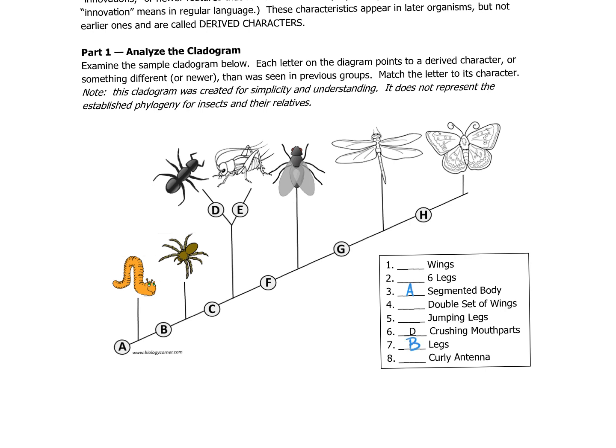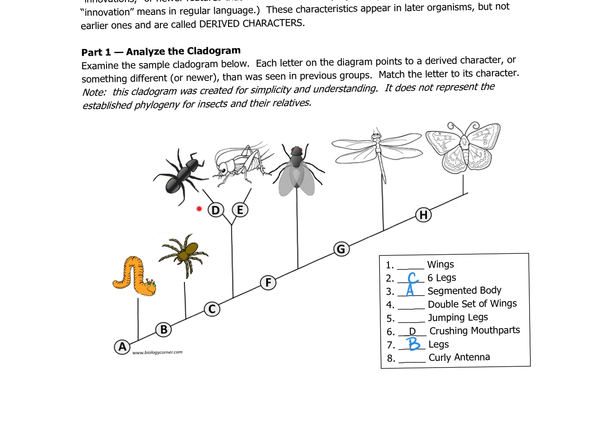So number 7 is B. Now we're going to move on to C. What is a trait that the worm and the spider do not have, but all the rest of these do have? They're not at wings yet. Do they all have 6 legs? If we count, it looks like they all have 6 legs. So for letter C, I think that matches to 6 legs.